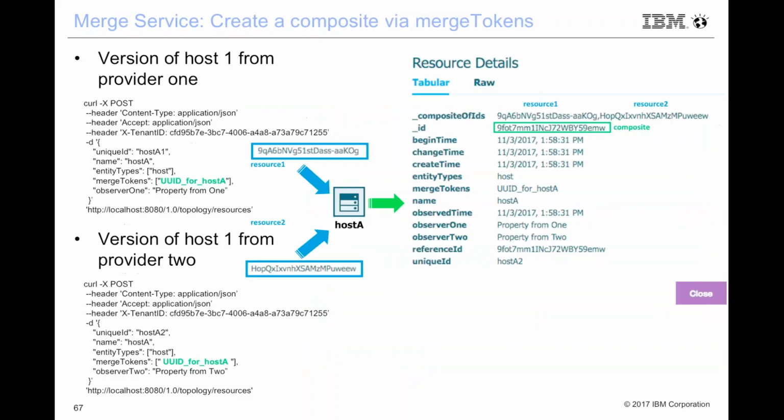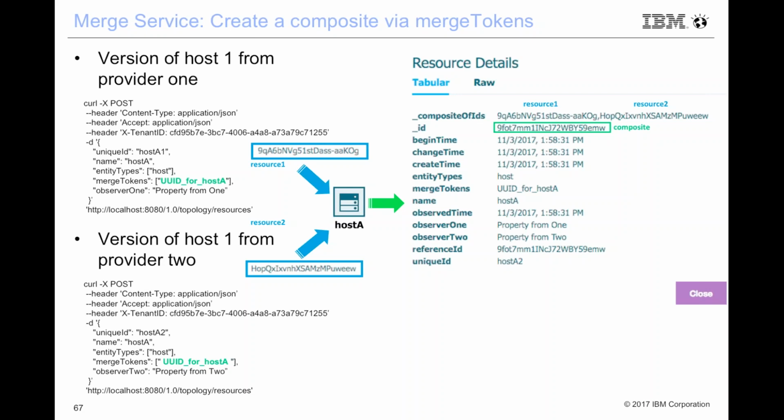So if we move on. This was just a worked example that we did. I won't go into detail here, but if you look at the deck, you can go through it. But in essence, what we're doing is posting two resources in from the command line using curl. What's key here is that those two resources have a common merge token.